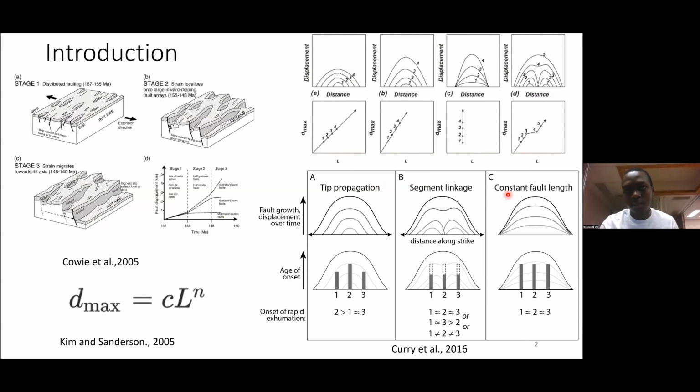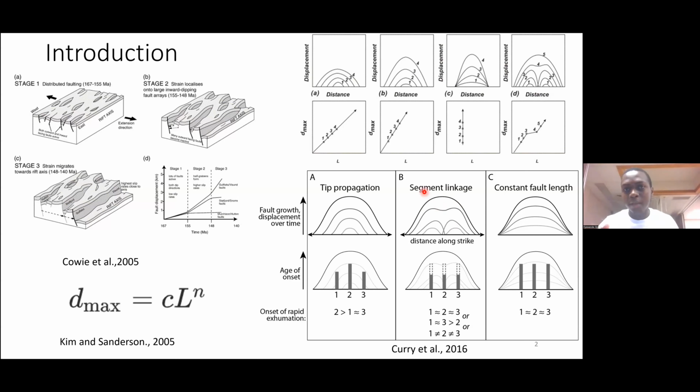But for constant length, the fault is formed almost instantaneously, then it only grows by displacement accrual. Then there's the intermediate model in between, where there's linkage of isolated segments.